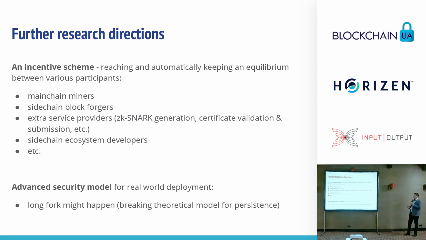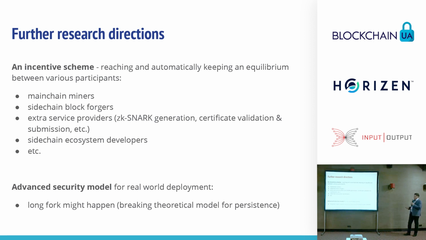And using such funds that are provided by sidechain users, we need to incentivize Mainchain miners to include sidechain transactions, as we discussed, like forward transfers and backward transfers, and the withdrawal certificate. We need to incentivize sidechain block forgers to produce new blocks and to avoid forks.